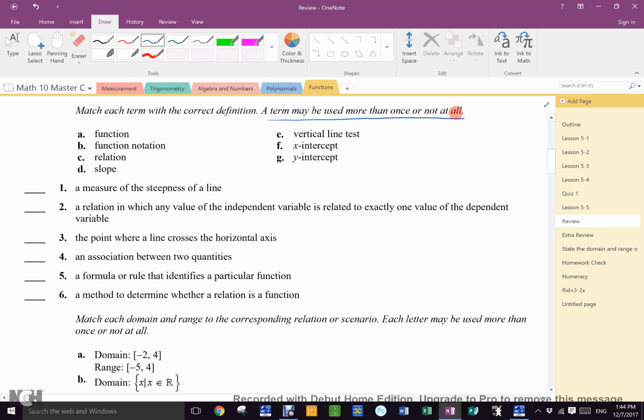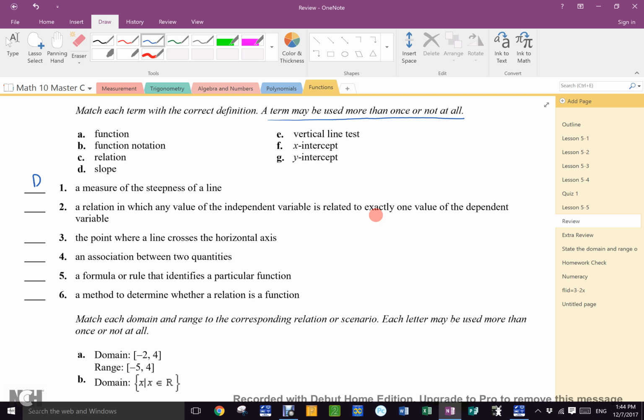What of those 7 words measures the steepness of a line, do you think? Jack? D. Slope. Well done there. A relation in which any value of the independent variable is related to one value of the dependent variable. What kind of relation is that?